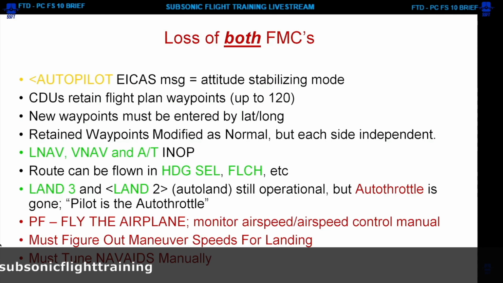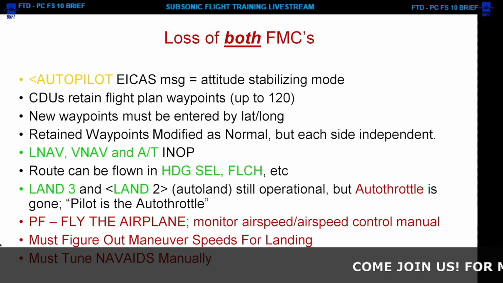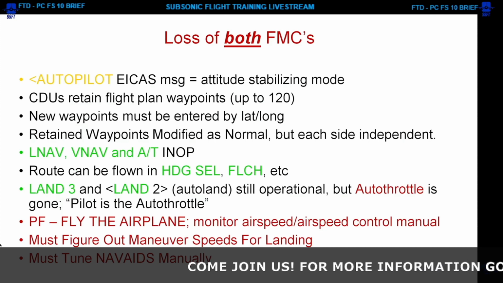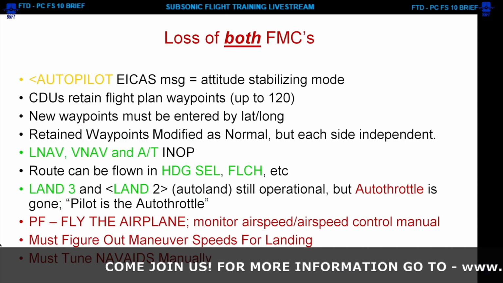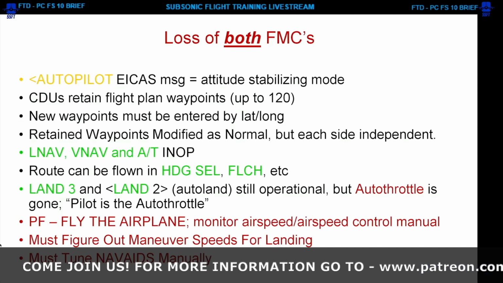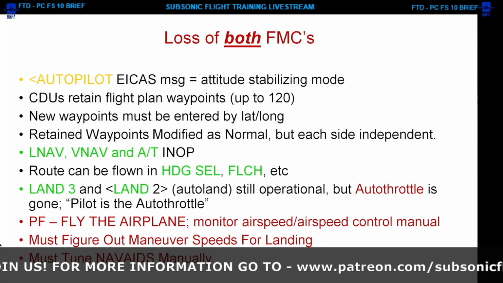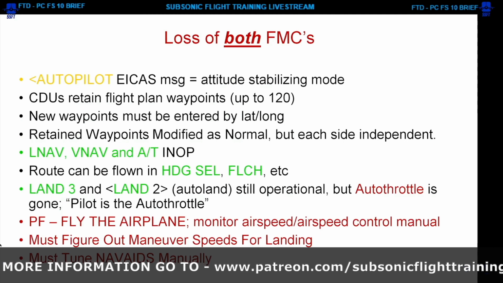So if you go direct to ABC and ABC is part of your route, then that's fine. But it's just going to show up on the left side, let's say, if you were to put that in. So the first officer would have to put that in as well. And they could be off a little bit because one's getting left IRS information, the other's getting right IRS information. But you could split the difference.